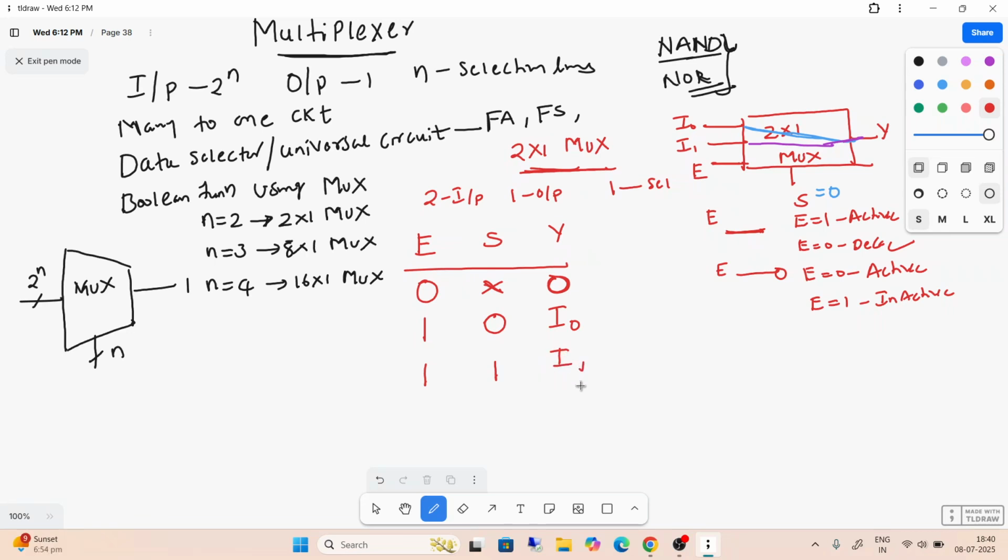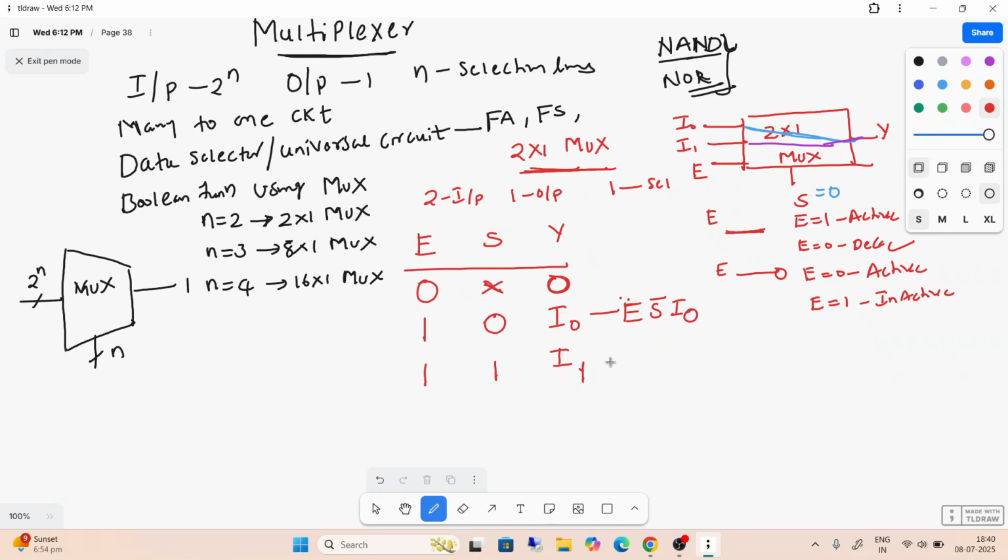Now you can get the expression. What is this expression? E is 1, that means E, and S is 0, this is nothing but S bar and I0. So E S bar I0.